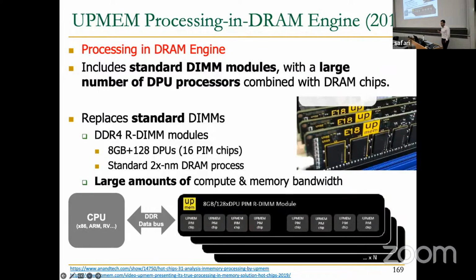So UPMEM, as I mentioned, is a startup from France. They proposed this processing DRAM engine. It's a 2D-based one, so it's not 3D-stacked memory. It's just your regular DIMMs, and inside these DIMMs you have some UPMEM chips, and inside these UPMEM chips you have both DRAM banks and some simple in-order cores.